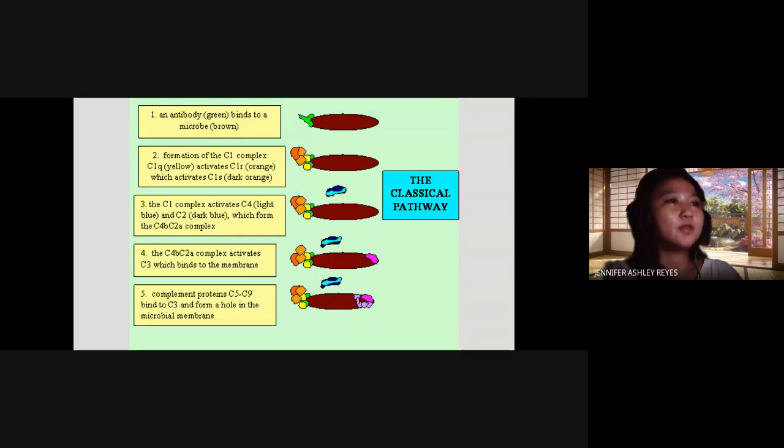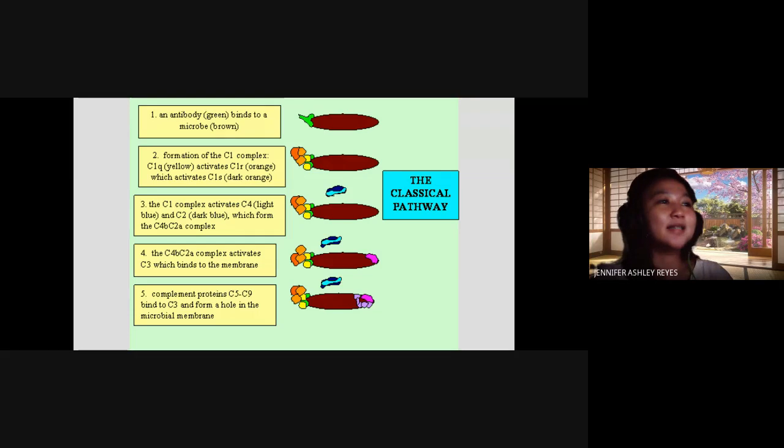Tapos, yung activation ni C4B will be triggering also the activation of the C2 component. So, yung C2 ngayon will be cleaved into 2 subproteins, C2A and C2B. Pero ang didikit kay C4B is si C2A. So, C4B, C2A. So, complex na yon.